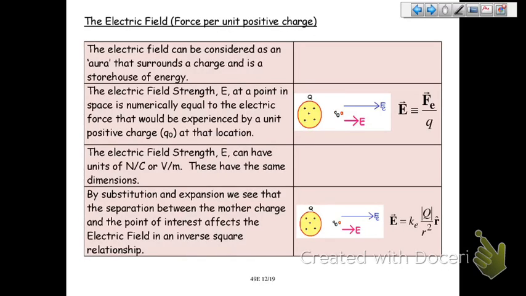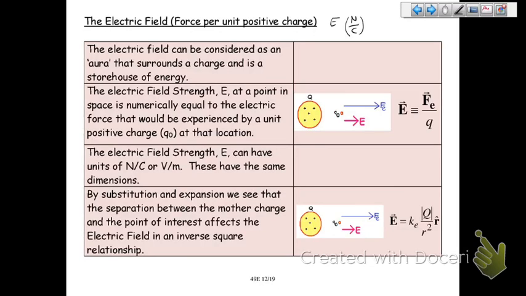At some point you've got to quantify the electric field. How strong is this electric field? And so we say the electric field is the amount of force per unit charge that a charge would feel there. So the units for electric field, E, are newtons per coulomb.